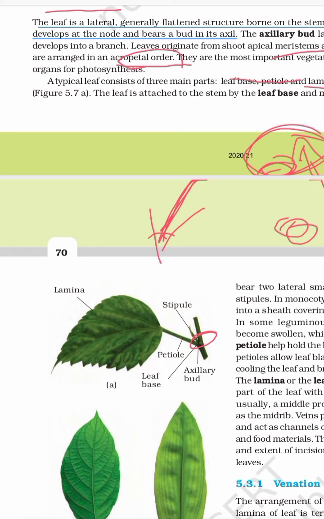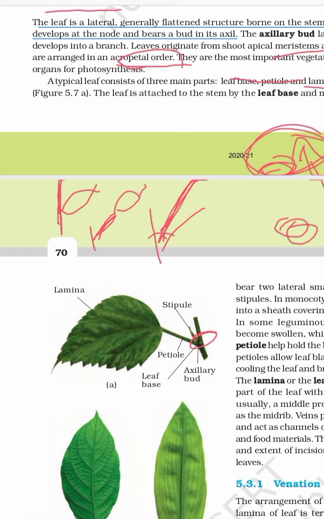The second is the petiole. What do you mean by petiole? You have never seen a thing where there is a stem and the leaf is directly coming. Yes, there are a few leaves like that, called apetiolate leaves, but over here we are studying petioles. So petiole means there is one connection between leaf and stem.